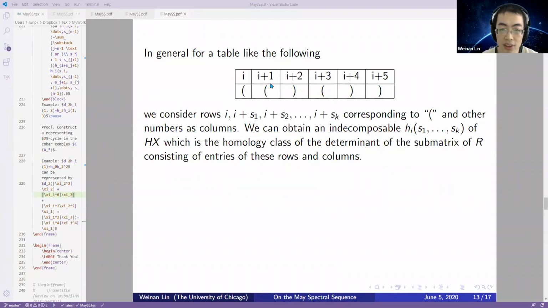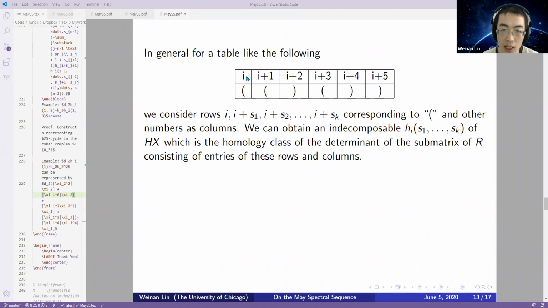In general, if you start with an expression of nested parentheses, for example, like this one, such that it should be a valid parentheses expression, and the leftmost parenthesis should match with the rightmost parenthesis.